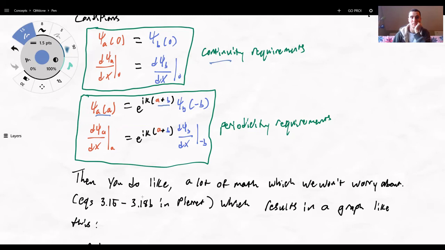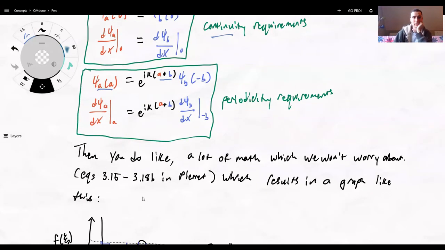If you take spot at A and we add a whole unit cell, it's going to look like negative B. Similarly, the derivative is also going to be equivalent as we add a unit cell here.